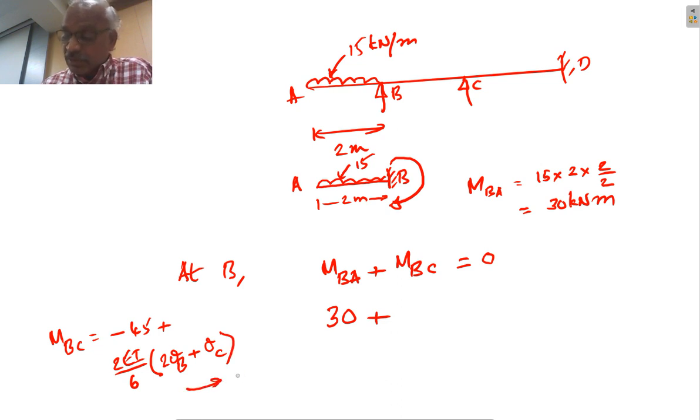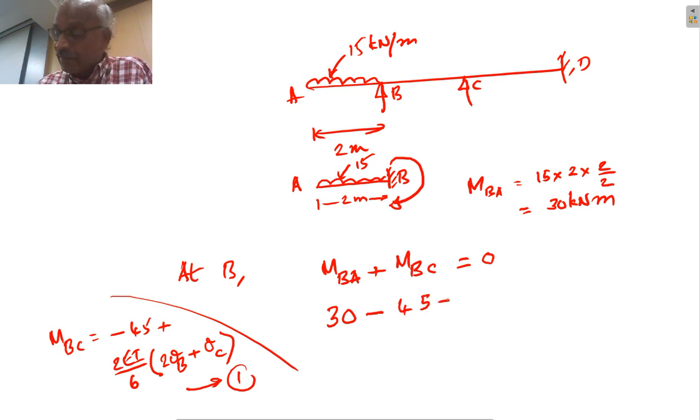So this is your equation number 1, your slope deflection equation 1 will be MBC equal to this value. So here MBA is plus 30, this is a standard value.